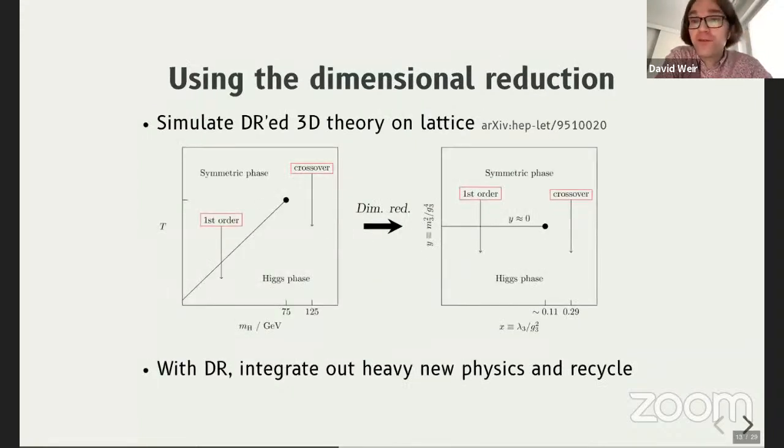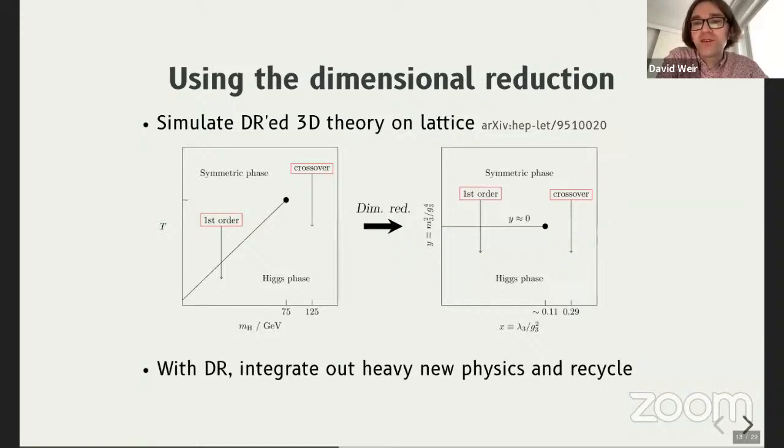But okay, so then you have a dimensionally reduced theory, and what was developed in the 1990s in the paper linked here is a 3D theory of the minimal standard model, which you can then simulate on the lattice. Because in the minimal standard model, the Higgs potential just has basically a quartic and a quadratic parameter, we can write them as basically x and y, so two-dimensional parameters here.